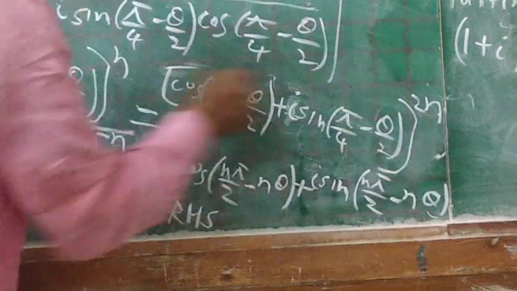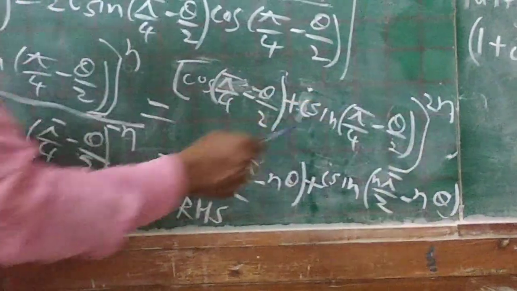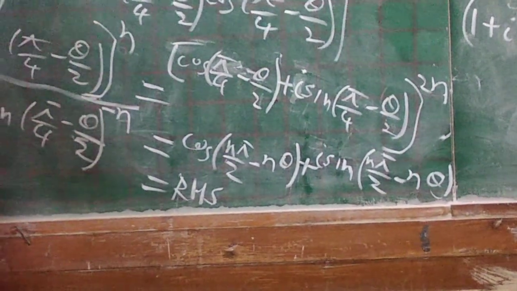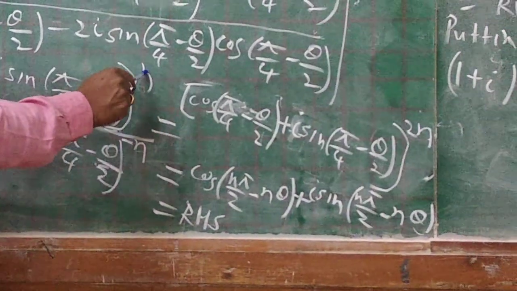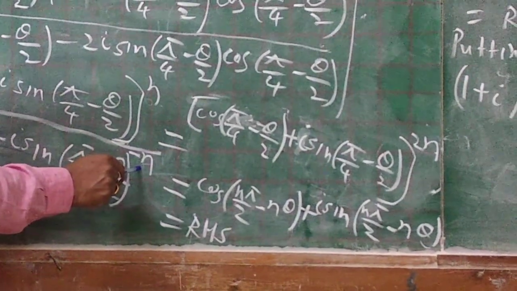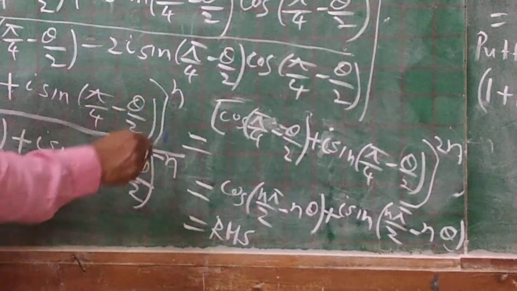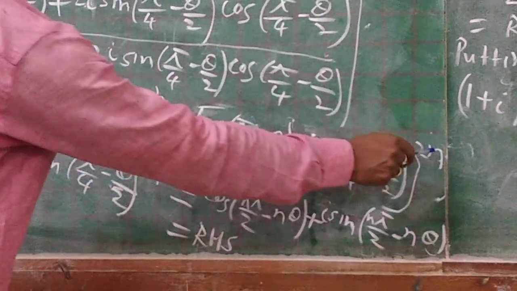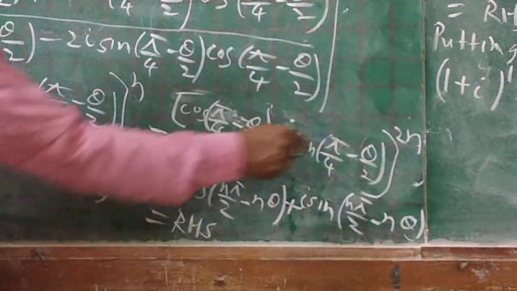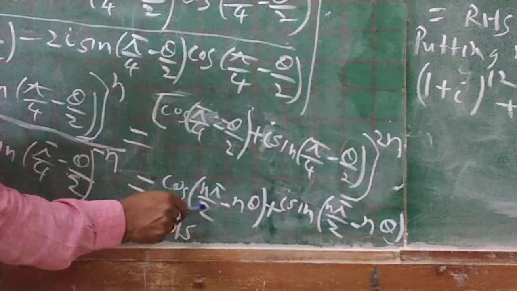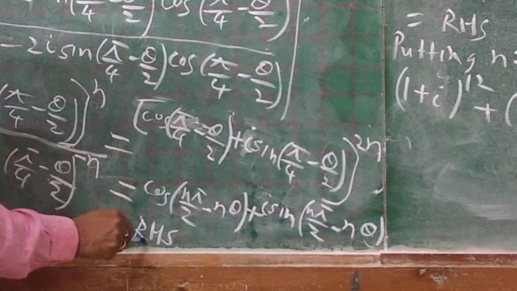First step is this one: n plus n, that is 2n, and then we use our De Moivre. Watch that: this one is raised to n, this one is raised to minus n. So by the law of indices, n minus minus n is 2n, and then we use our De Moivre's. This 2n becomes the multiplying factor here, and ultimately we get our RHS. So this completes the proof of the first.